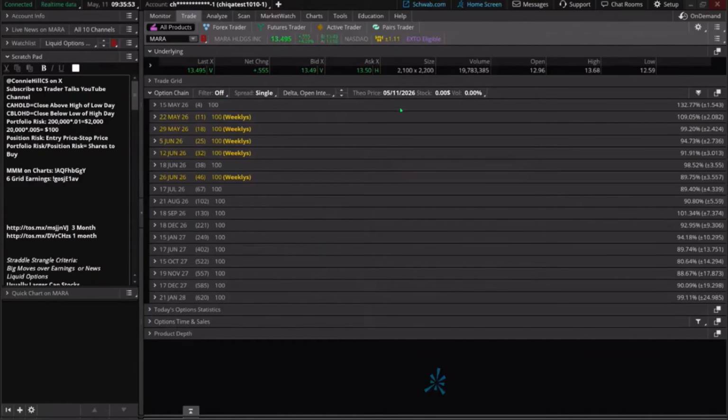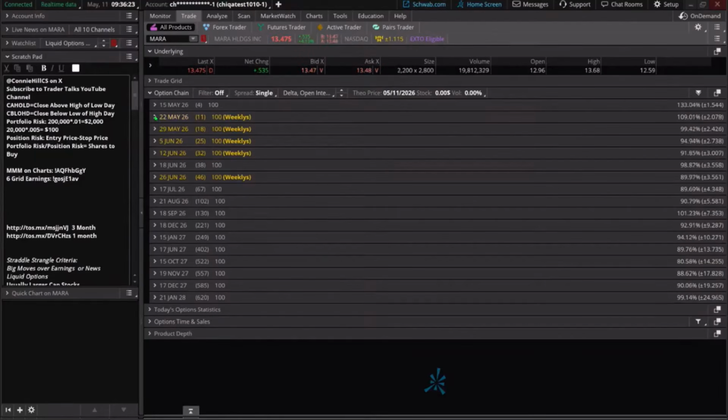If we look at our options that expire on Friday, we can see 132% implied volatility priced into it. The next week out, 109. And then you can see it kind of drops into the 90s after that. So pretty hefty amount, not as much as HIMS, but still a significant amount here. Now on this one, let's just go out a little bit in time here, okay?